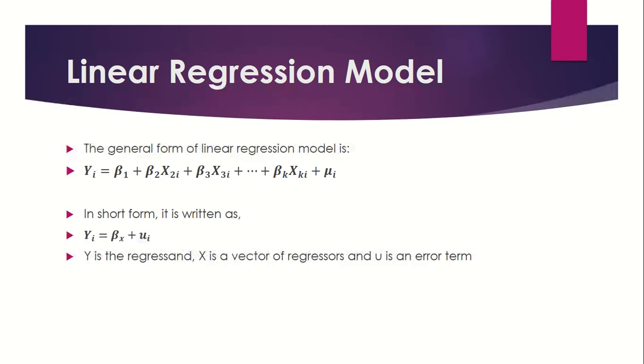It is representing one vector or matrix, and x is representing all x variables, or you can say all x's, and beta x represents all these combinations, and mu i is a separate term, that is the error term. Or you can say that y is the regressand, x is a vector of regressors, and mu is an error term.